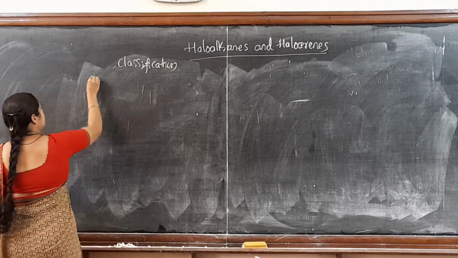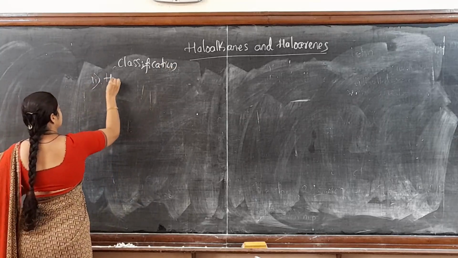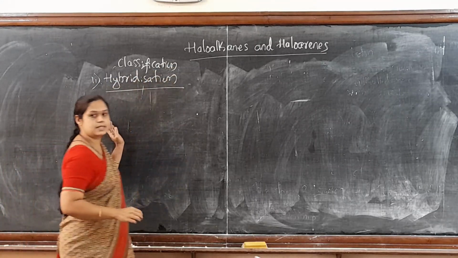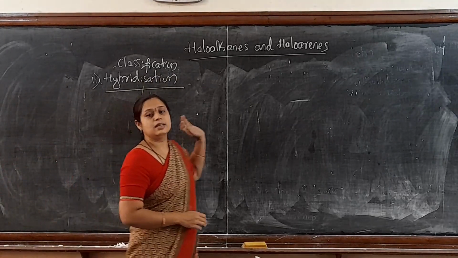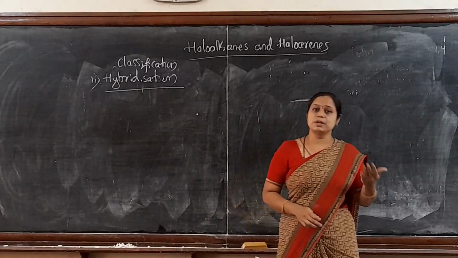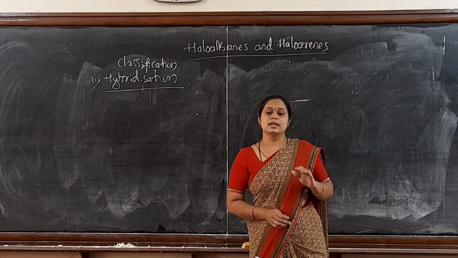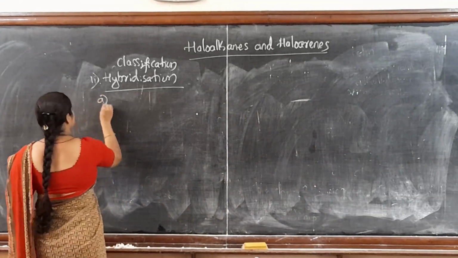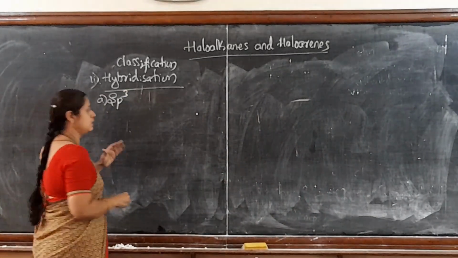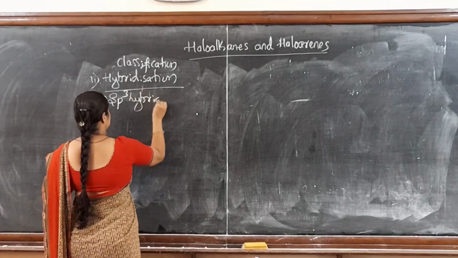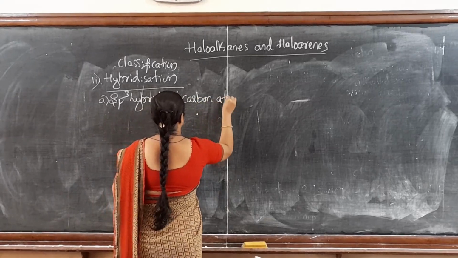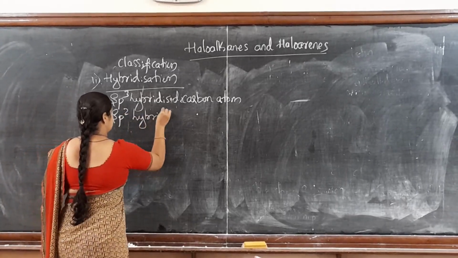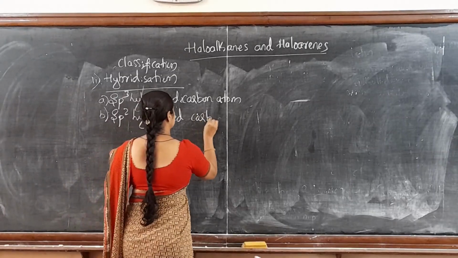Based on hybridization, it is categorized into whether the halogen atom is attached to an sp3 hybridized carbon atom or whether it is attached to an sp2 hybridized carbon atom.